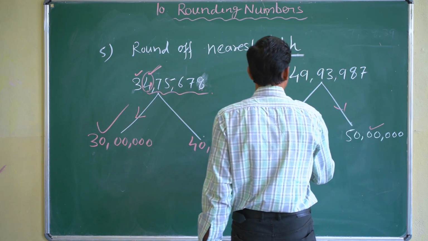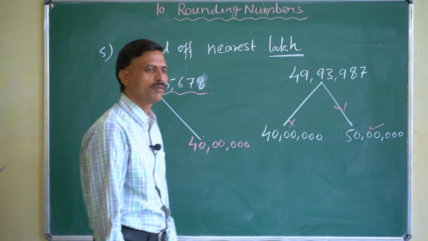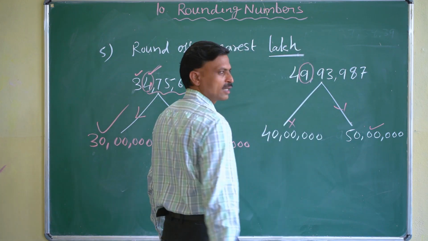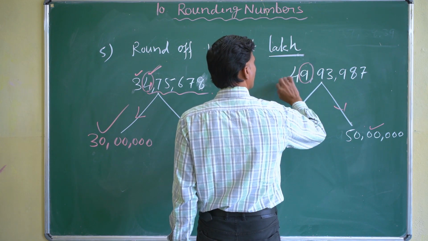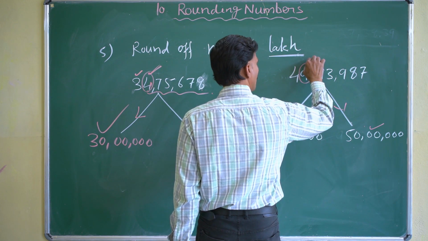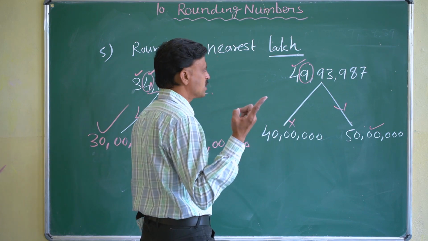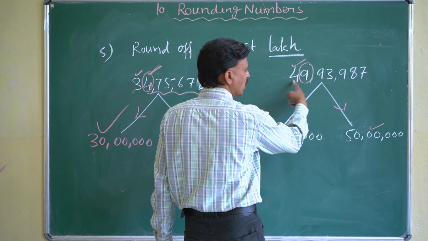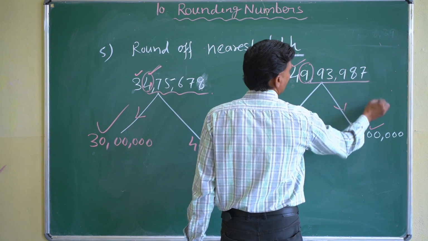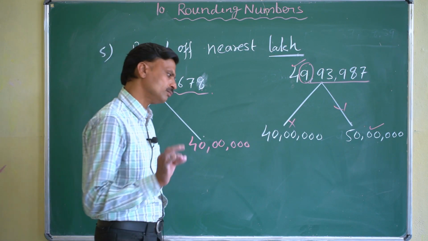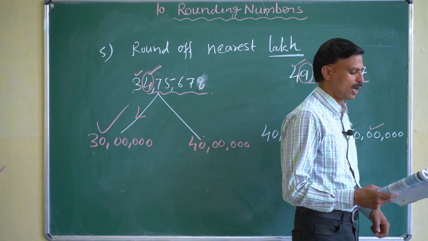This one is wrong, this one is correct. Why? Because the lakh place digit is 9. So since the lakh place digit is 9, the 10 lakh place digit will be increased by 1. So 4 plus 1 is 5 and the others become 0. Same process for all. Right? So this was the round off.